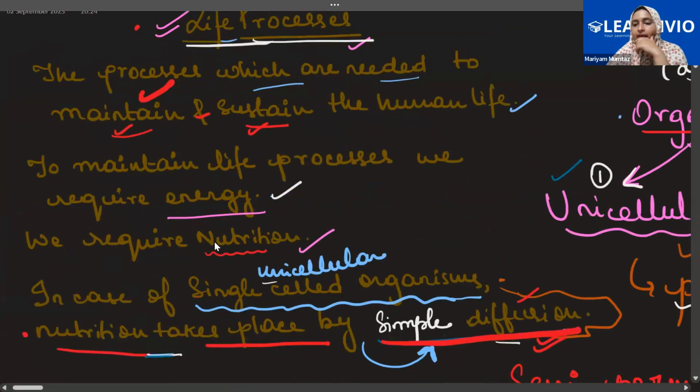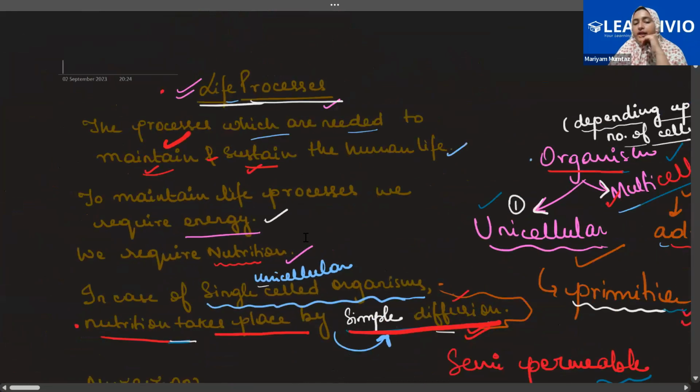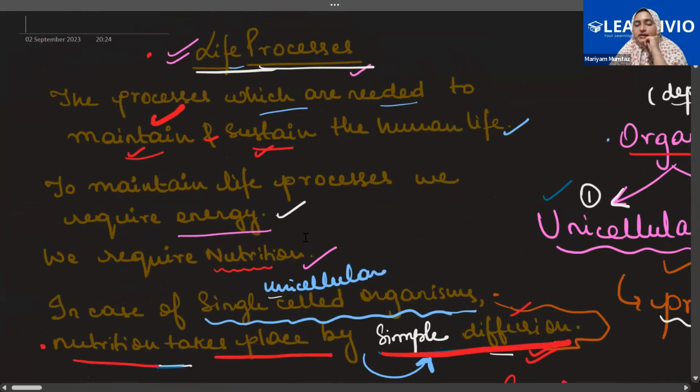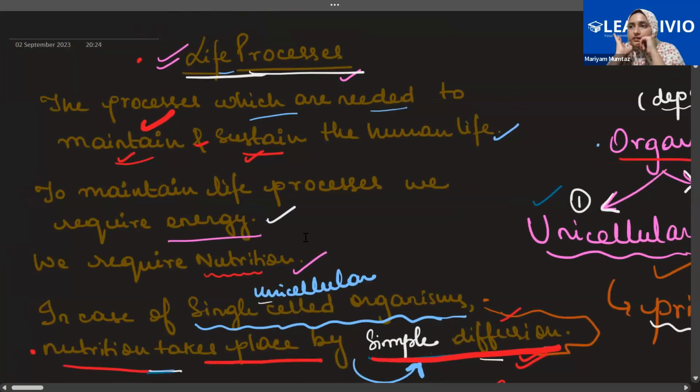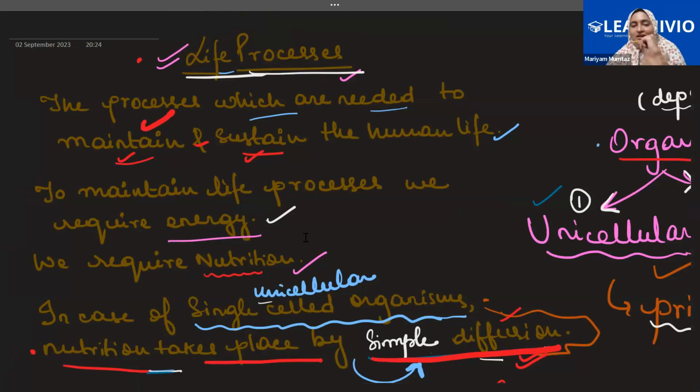Okay. Now, talking about life processes. The whole entire process or activity that happens in our body that helps us to live, to stay alive, to maintain our life, those things are known as the life processes.